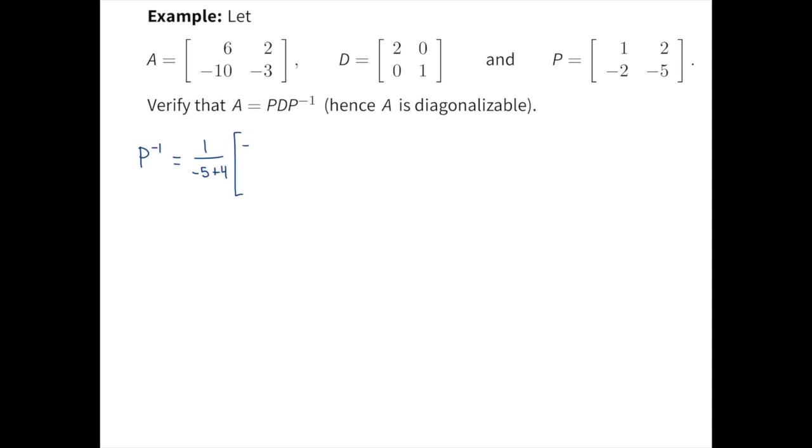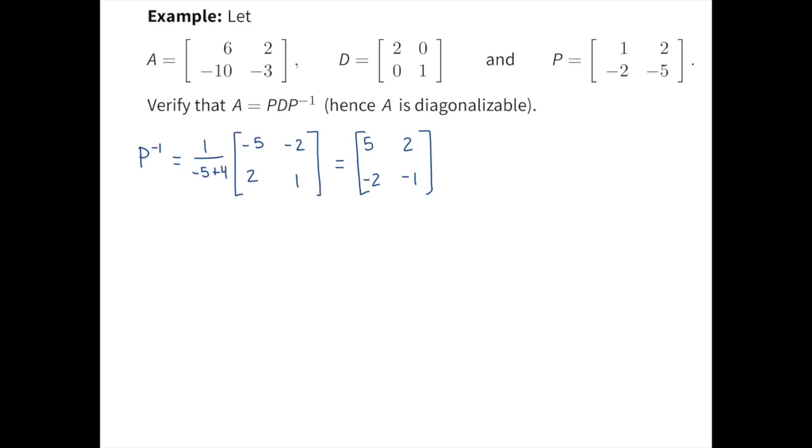So this will be -5 and 1. And then we're going to change the sign of everything that's not on the diagonal. So if I'm not mistaken, I think that's what we should get. And if we look at this term out here, that's just 1 over -1. So when we multiply that in, I think we should get 5, 2, -2, and -1. Okay? All right. Good so far.